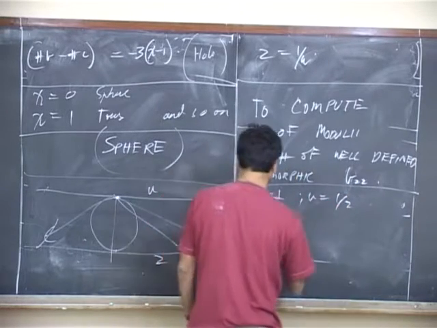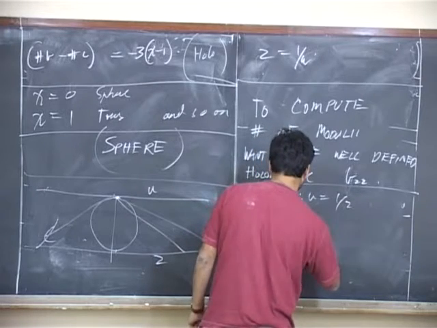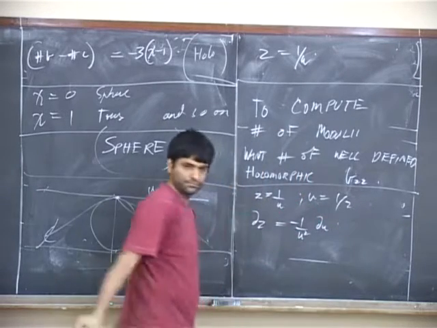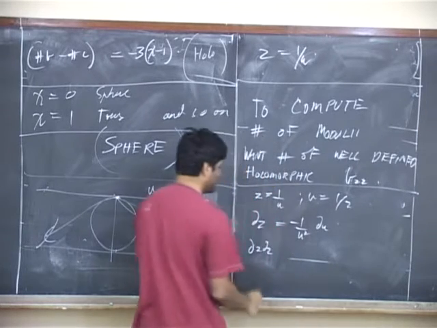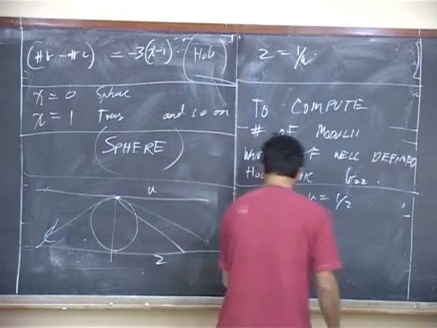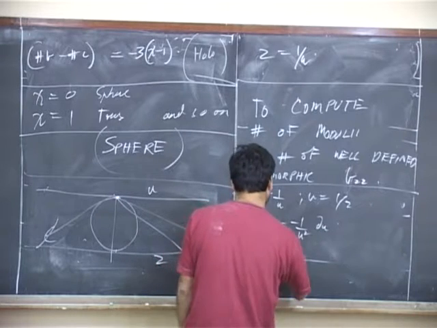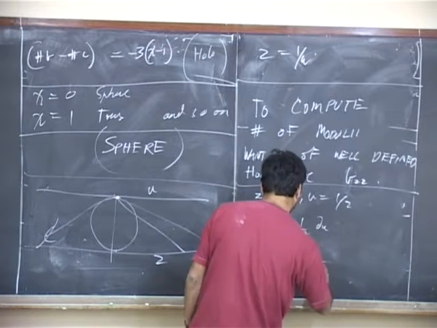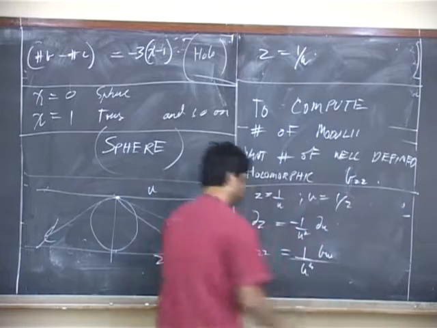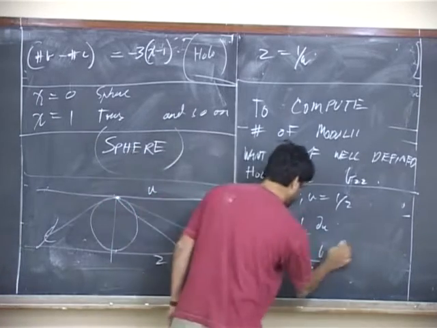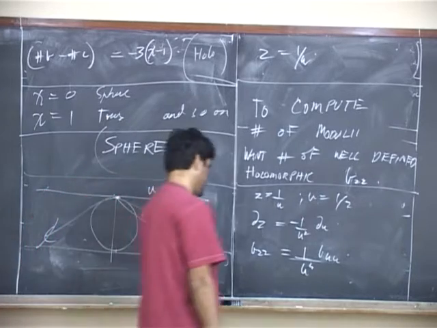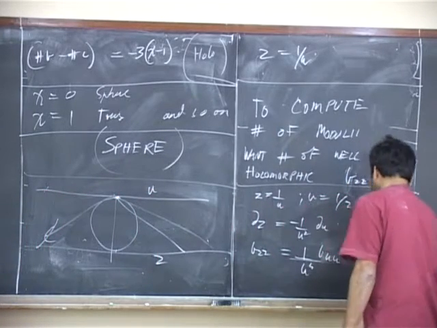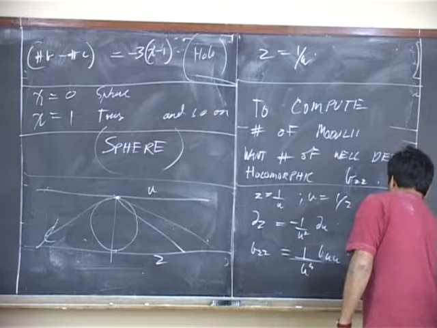So del z is equal to minus 1 by u squared del u. And so, something that transforms like del z, which is how B_zz transforms, right? So we get B_zz is equal to 1 by u to the 4th times B_uu, which we could equally write as z to the 4th times B_uu.